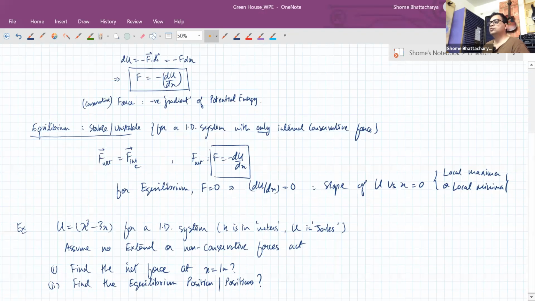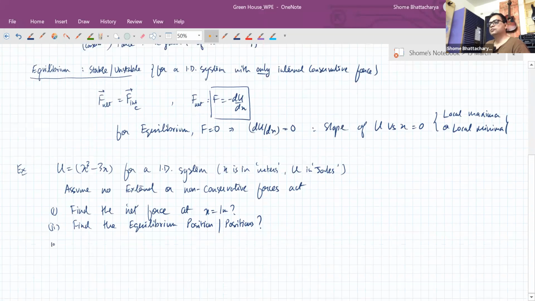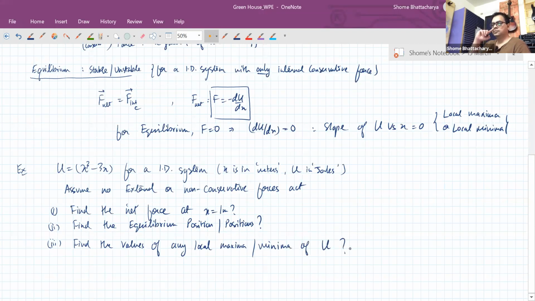And also find the values of any local maxima or minima of potential energy. So let's start with this question. Then we'll come back to the condition for stable versus unstable equilibrium.